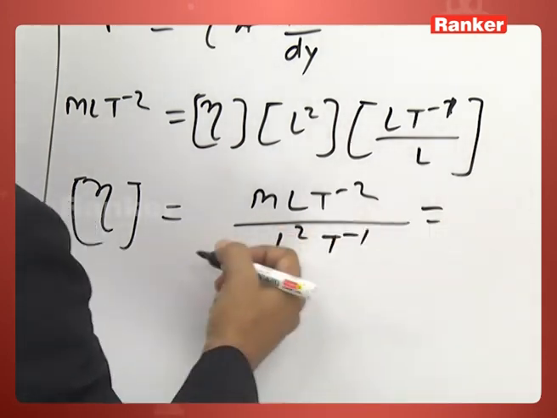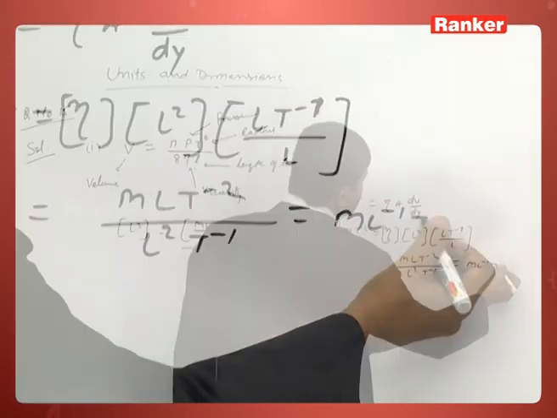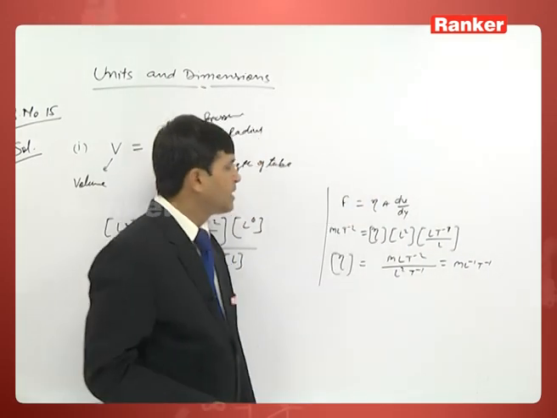So finally dimension of viscosity is M L minus 1 T minus 1.